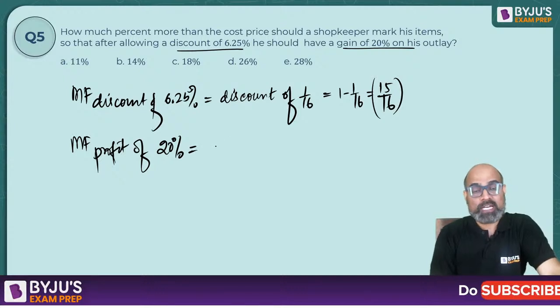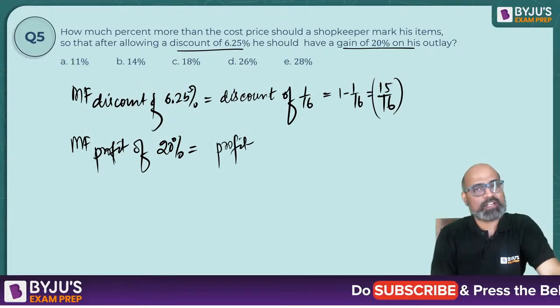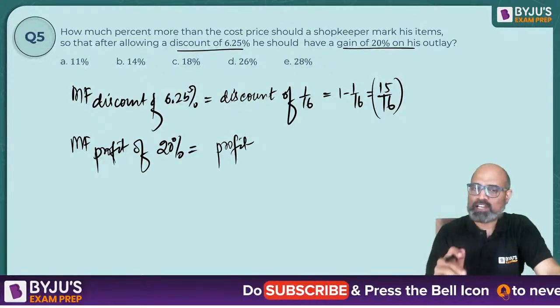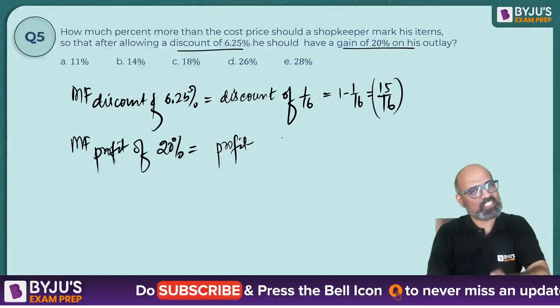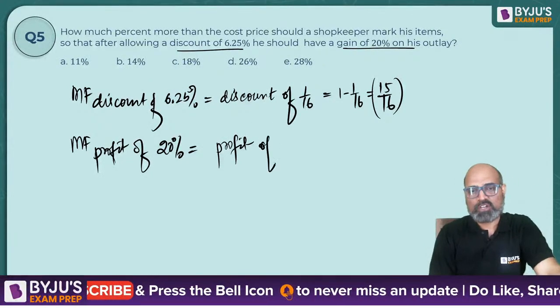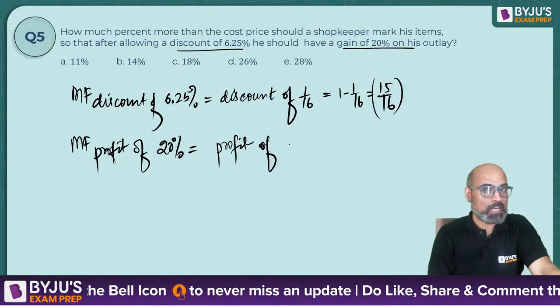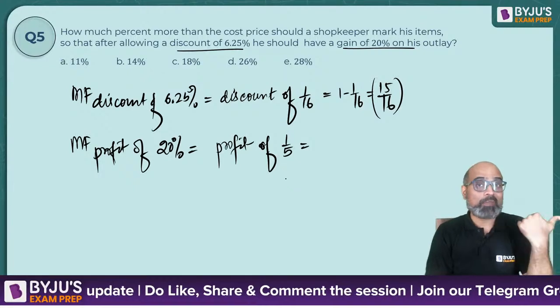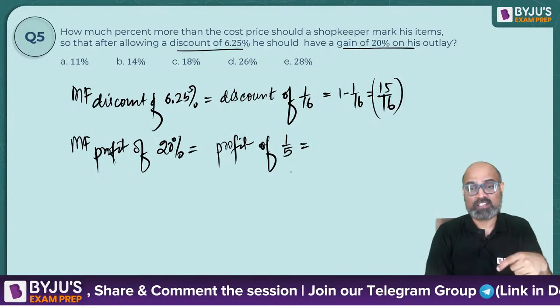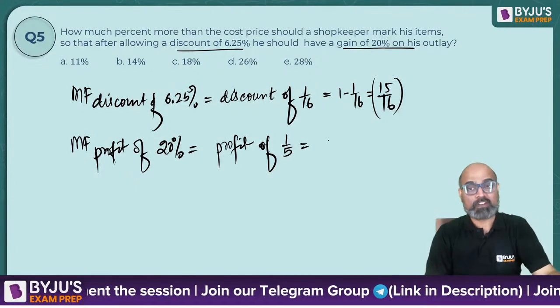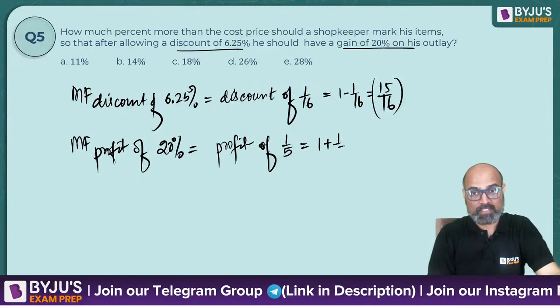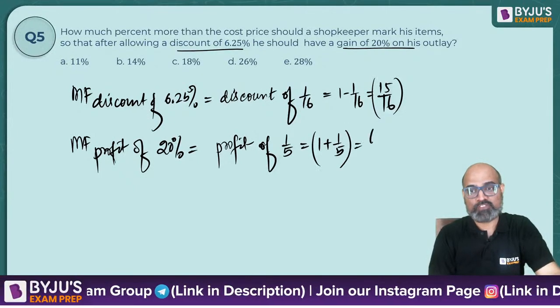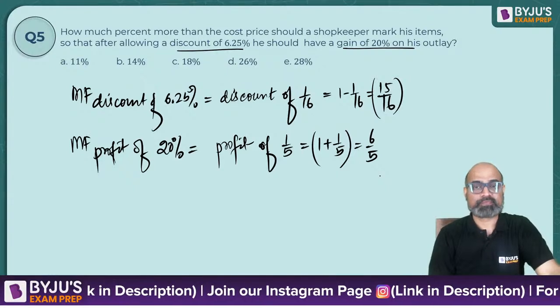I can leave it as 20% because it's not a difficult value, but since we are dealing with fractions, I will write a fraction here too. 20% is nothing but 1/5, right? So profit of 1/5. Now, if you remember the multiplying factor from earlier today, for profit you add to 1. So 1 plus 1/5 will become 6/5.